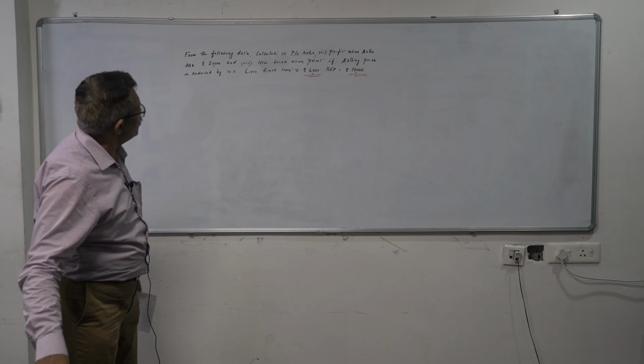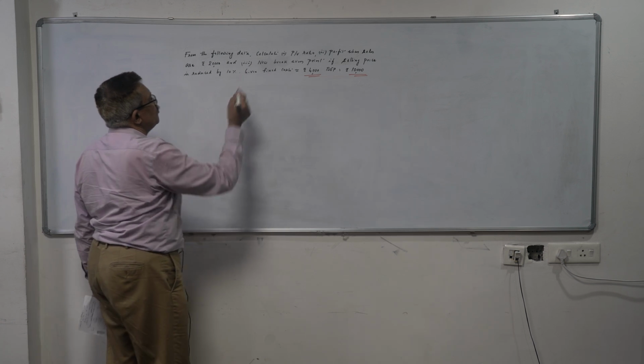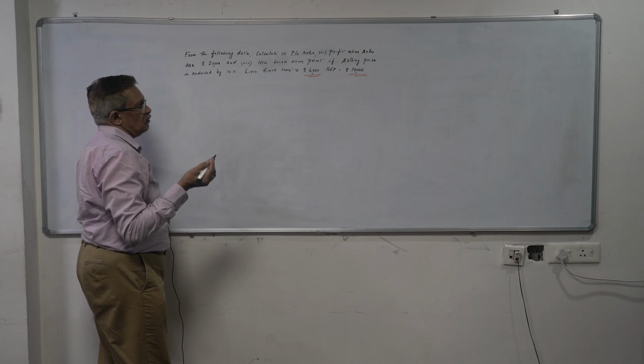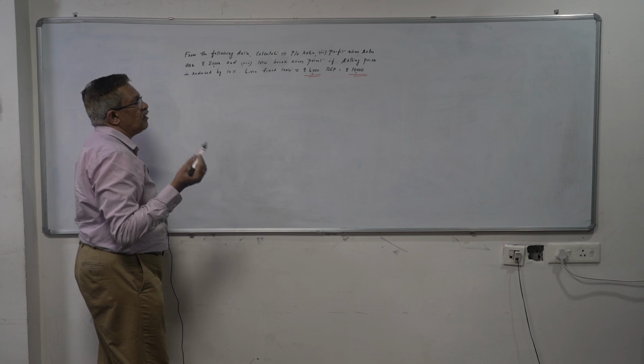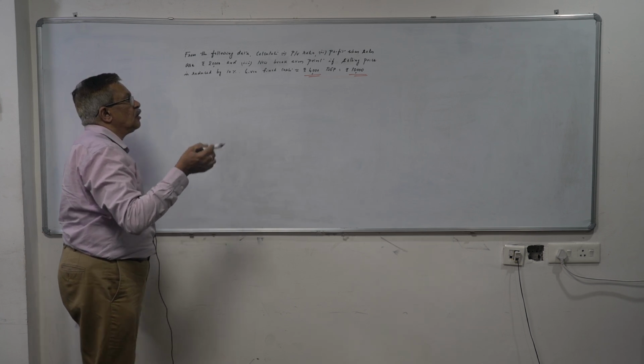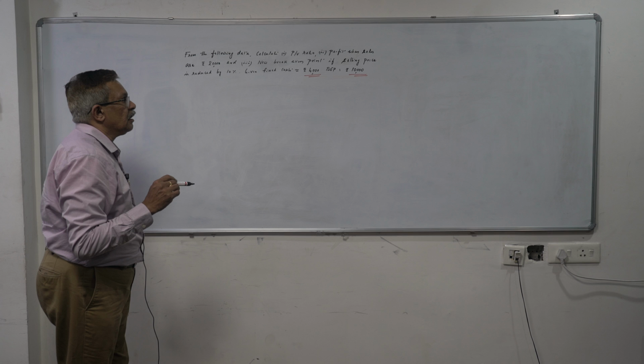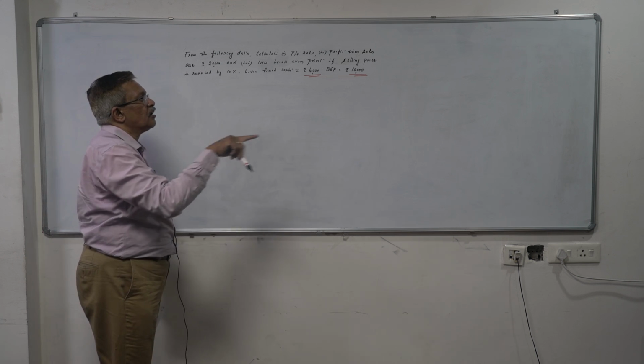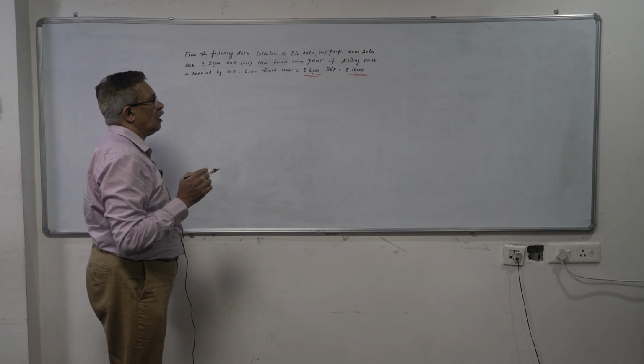Let us move to the first bit, where he is asking us to find out the PV ratio. We know that the PV ratio can be found out through the break-even point if you are given the fixed cost and also the break-even point figure. How?